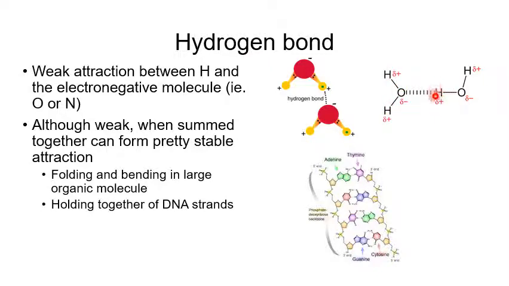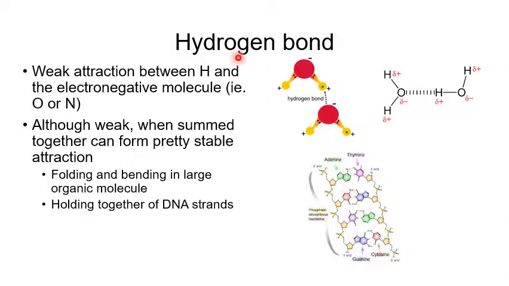Here's that water. You'll see it written as dots, or you can see it written as slashes. These little dashes here are the hydrogen bond. The positive side of this water molecule is hydrogen bonded with the negative pole of this water molecule.